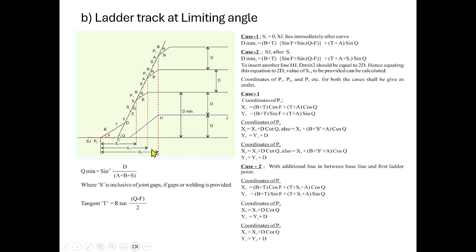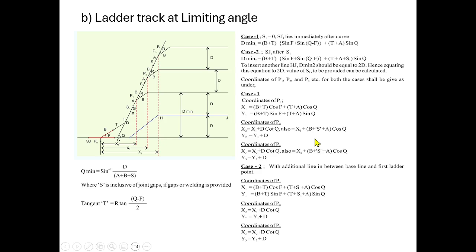Once we are able to fix all the points of intersection, we will form the ladder track and we can lay the points and crossing. And finally all the parallel lines will be connected. So this way the ladder track at limiting angles is calculated, designed, and the geometry is fixed with the help of the dimensions and the parameters we have calculated.